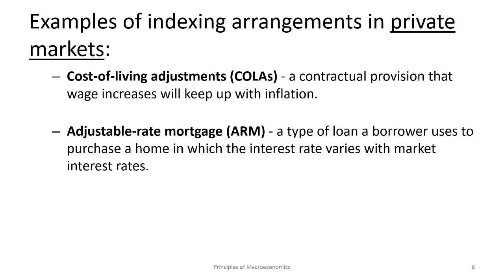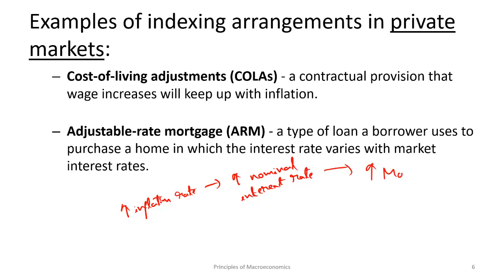So as prices increase, or the inflation rate increases, your interest rate increases, and as a result your mortgage rate gets adjusted. Another way to put it: increased inflation rate leads to increased nominal interest rate, which leads to increased mortgage rate.